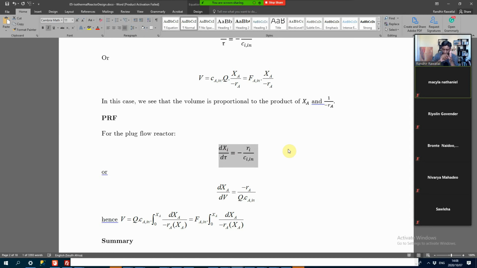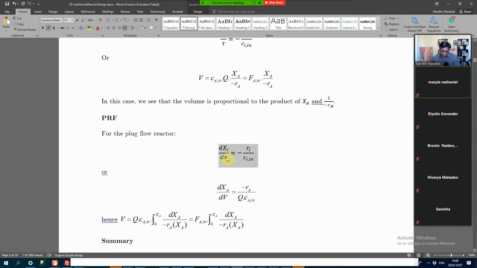So you can define that at some position, the space-time there is the volume up to that point divided by the volumetric flow rate. So there's one volumetric flow rate into that PFR, but the volume we regard as a changing variable down the tube. So the current volume divided by the flow rate, that's space-time.